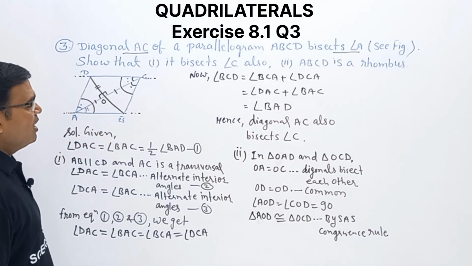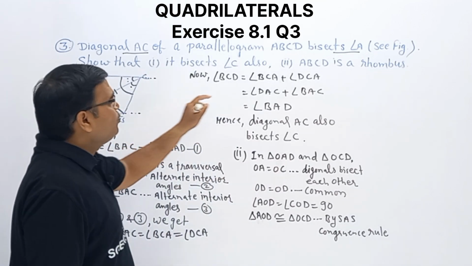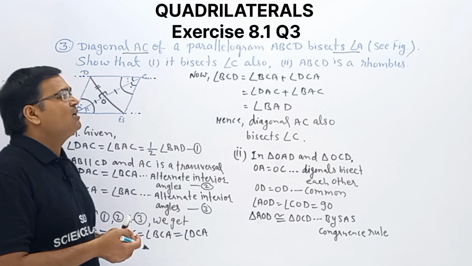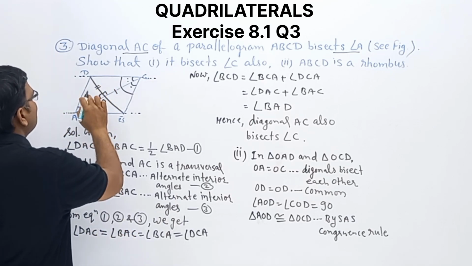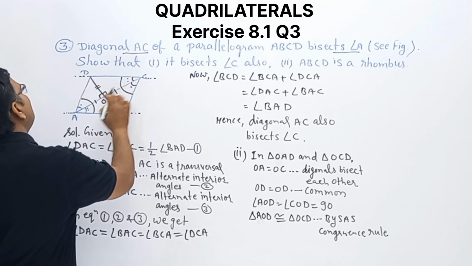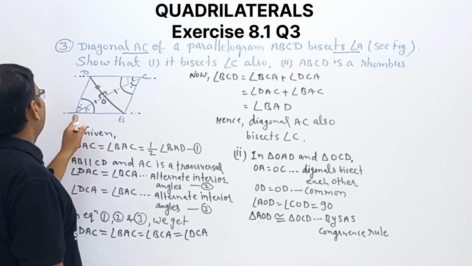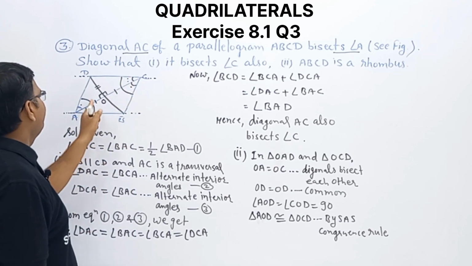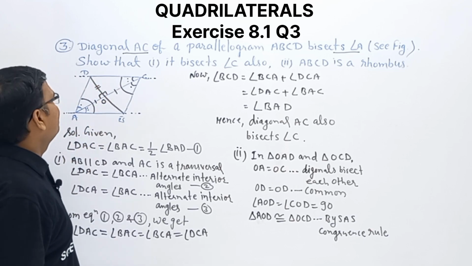Clear? Again observe, to prove ABCD is a rhombus, we are getting some triangles and we will observe two triangles AOD and COD. In these two triangles, we can say OA equals OC. Why? Because diagonals are bisecting.